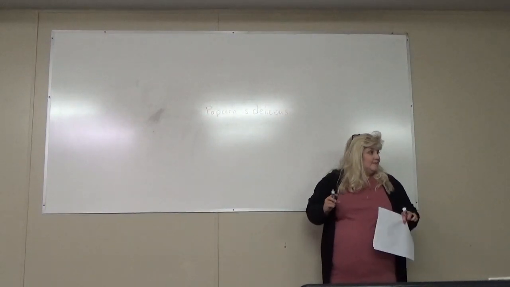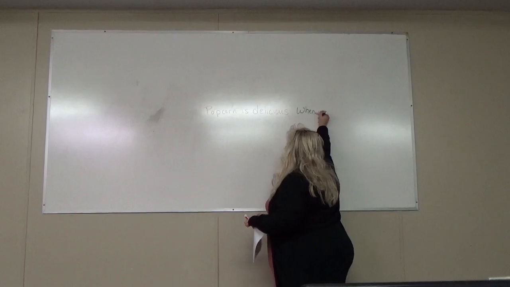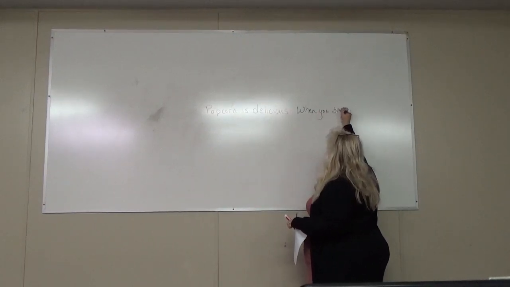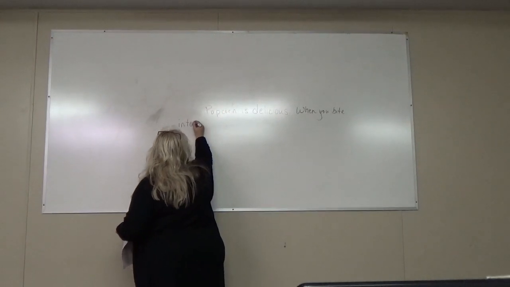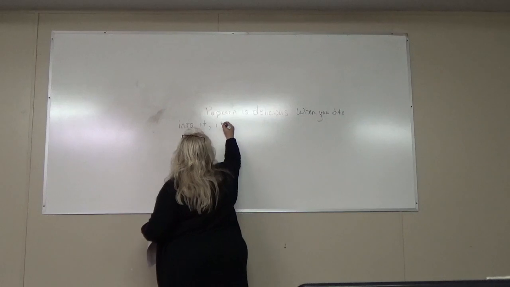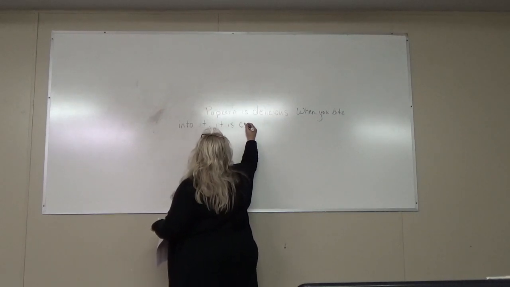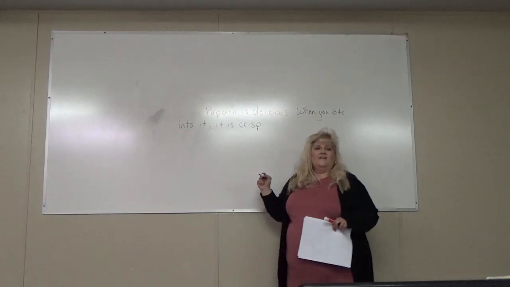When you bite into it, it is crisp. We indent our paragraph, so we come back over here. It's fluffy like a marshmallow, but has the crisp of a chip.